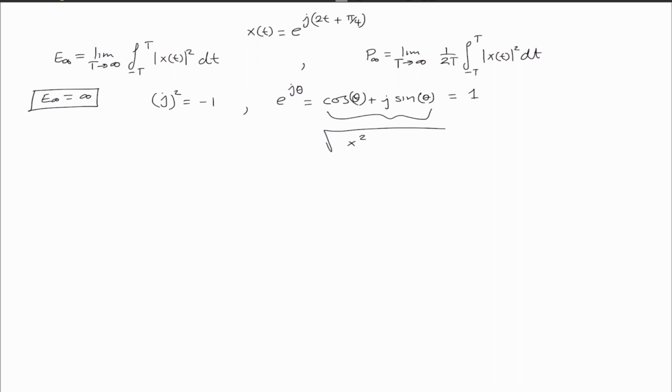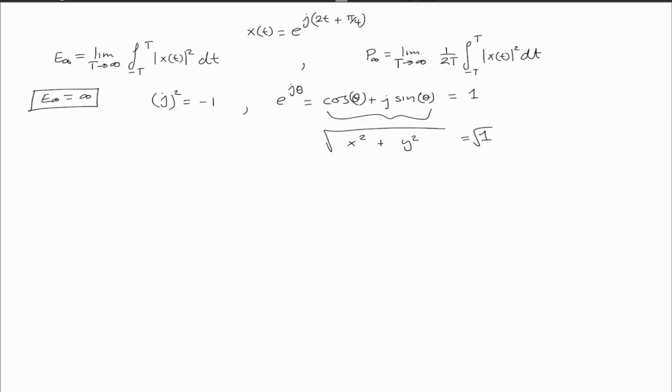We know that j squared is equal to negative 1, but the negative doesn't count because the sign is going to be squared either way. A negative sign squared is a positive value, right? So that's sine squared. And we know that cosine squared plus sine squared is equal to 1 from the trig identity.